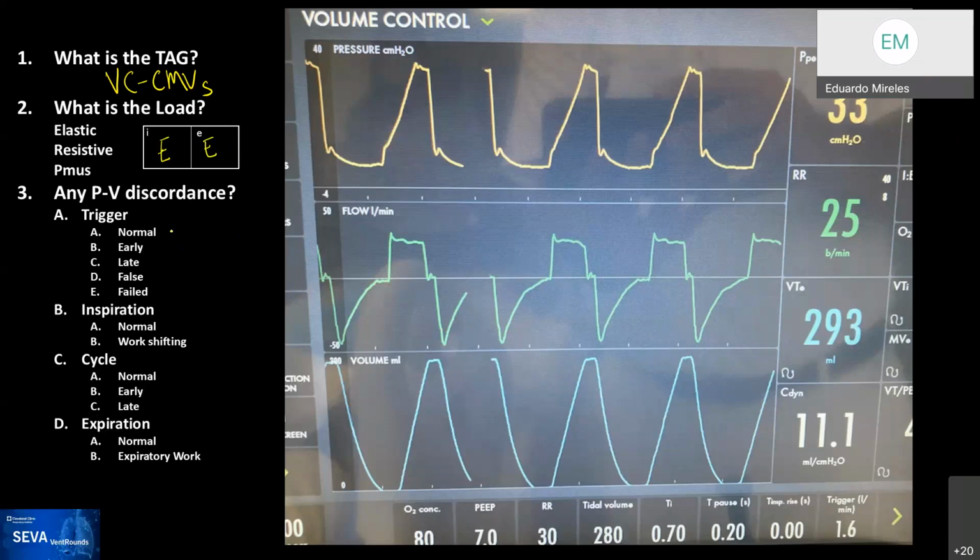In terms of PV discordance, trigger: there seems to be delayed trigger in the first and the third wave. I'm thinking of delayed trigger because the flow waveform has flattened a little bit before it triggers. But I don't see a whole lot of patient effort here.